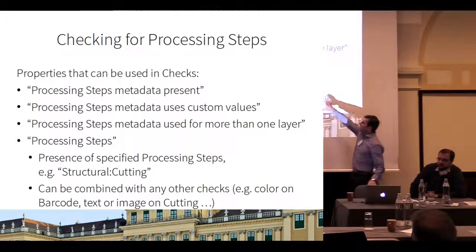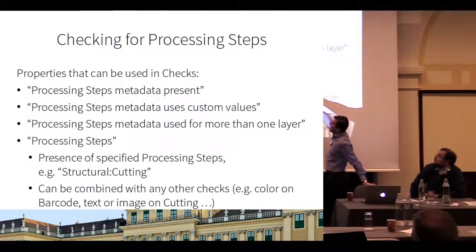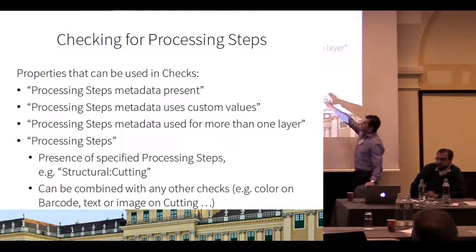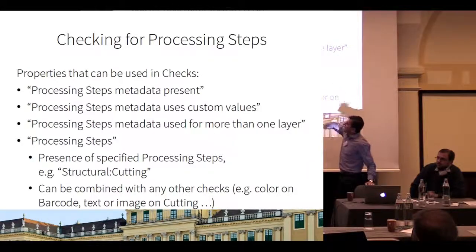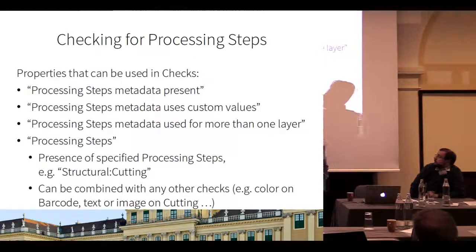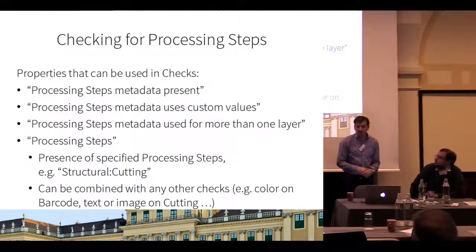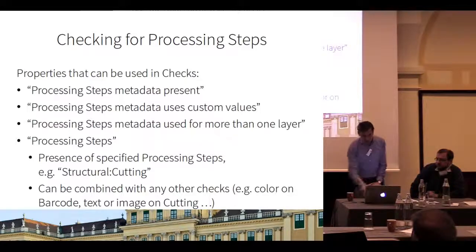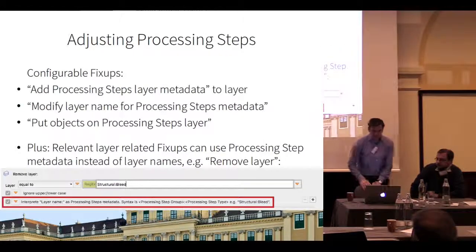And there is a flexible one, and this one was the one I was using in the checks that I have shown you. There is the processing steps check, and that can be combined with a particular processing steps metadata and will then be defined. And it can be combined as I have shown in my example.